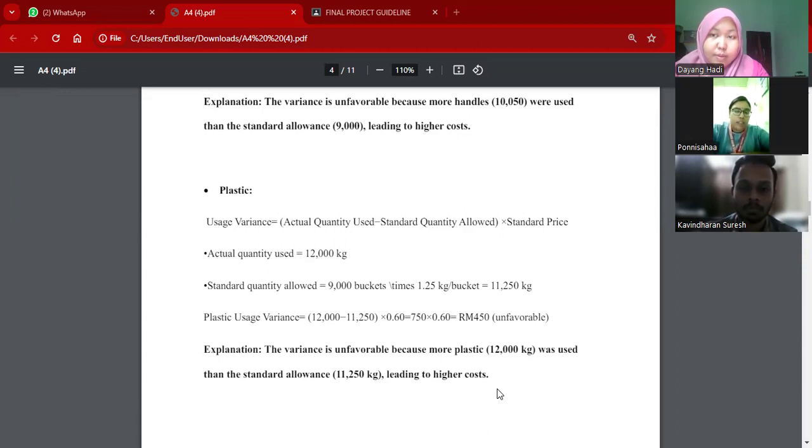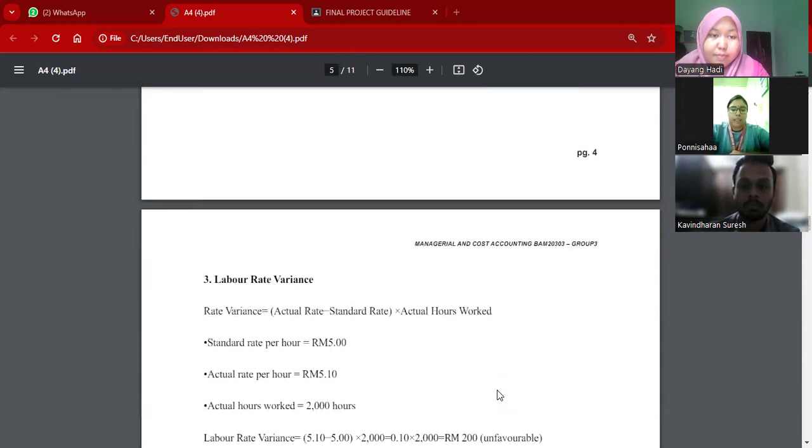So 12,000 minus 11,250 times 0.60. We got 750 times 0.60, so the final answer is 450. Moving to the next, labor rate variance.